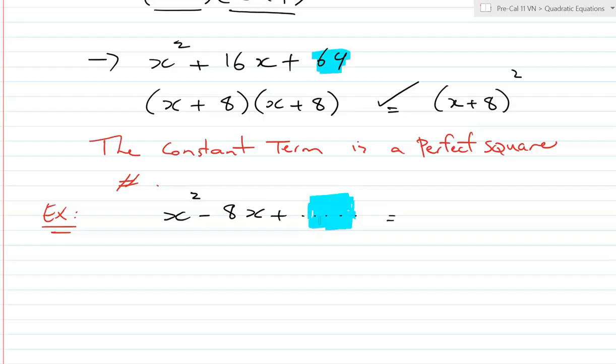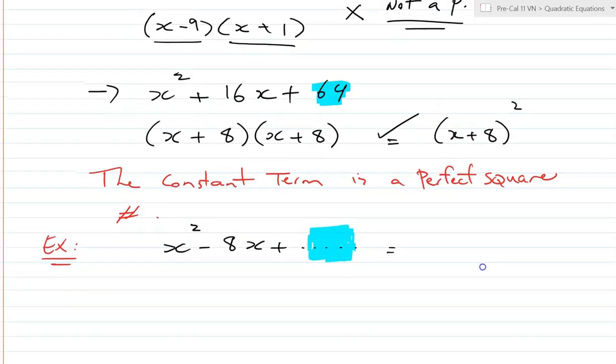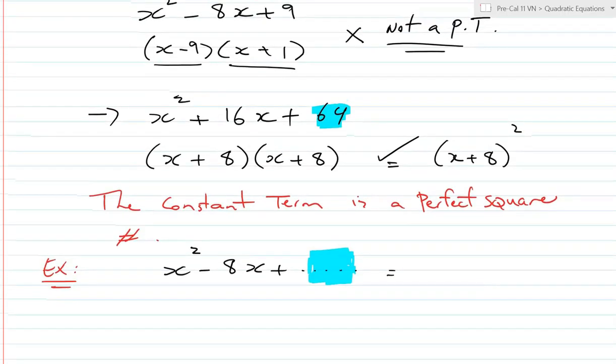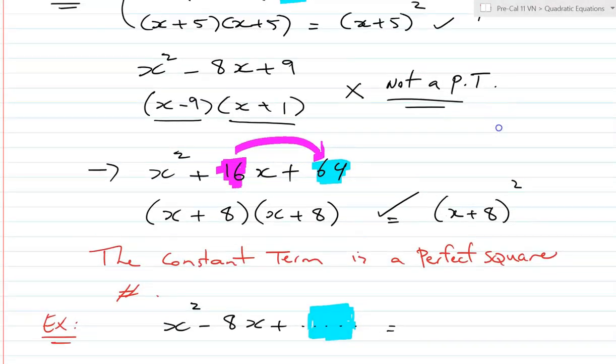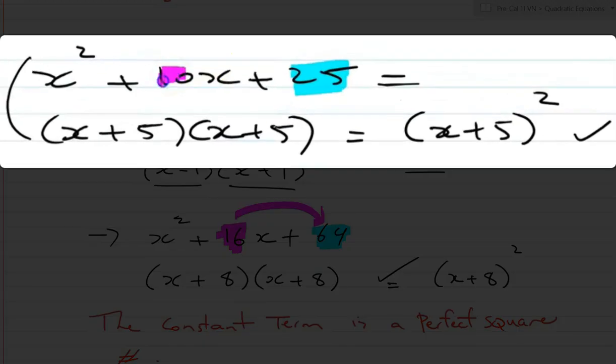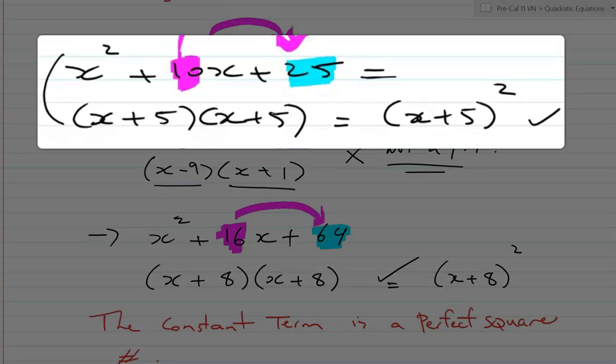How are we going to get that? If you go back, you notice that the middle number, the coefficient of x, the linear term, is related to the constant number. Do you see the relation?